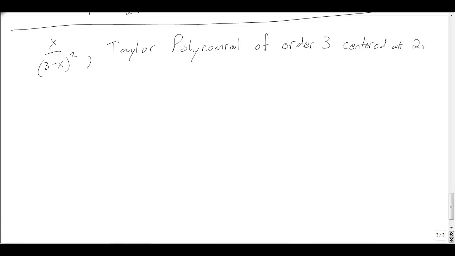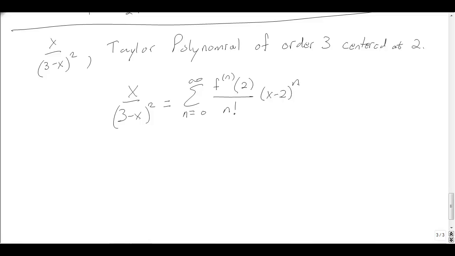So what that's going to look like here, our Taylor series, is a sum n equals 0 to infinity. And now it's going to be the nth derivative, but now we evaluate at 2, still divide by n factorial, and then instead of x to the n, you get x minus your center, which is x minus 2 to the n.